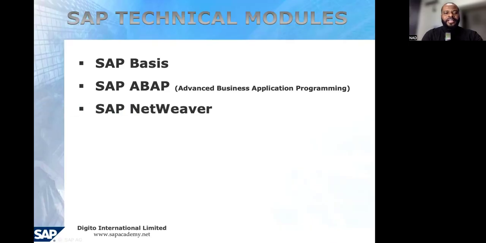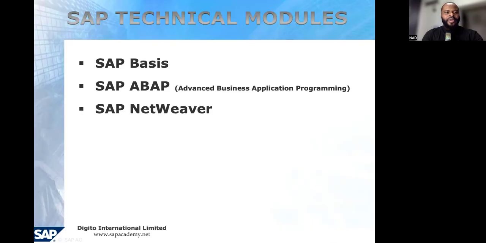Third, we have the SAP NetWeaver. The SAP NetWeaver is like the middleman between the back end and the front end. The back end being the SAP ABAP, and the front end being the different business suites that run on the SAP software. So this NetWeaver is the application server that controls the functionalities in SAP.